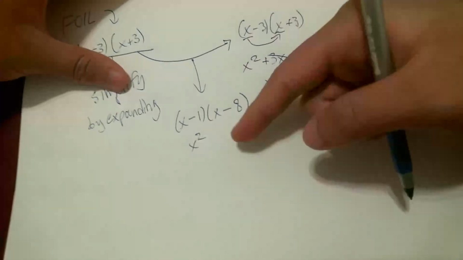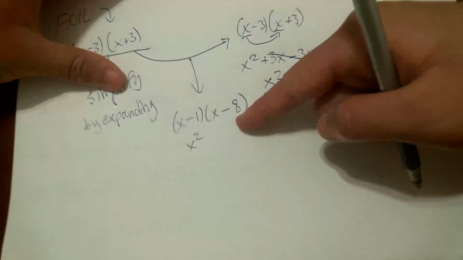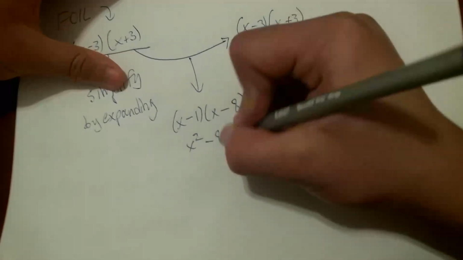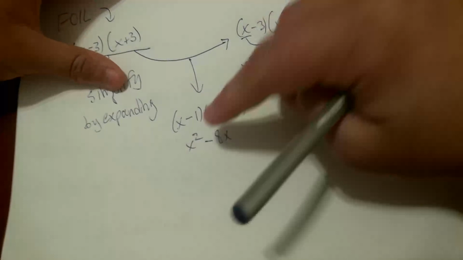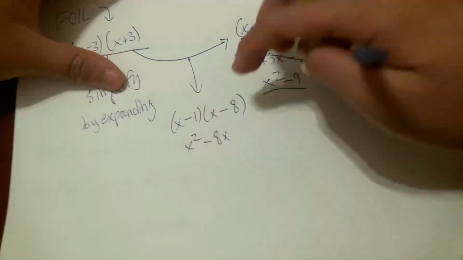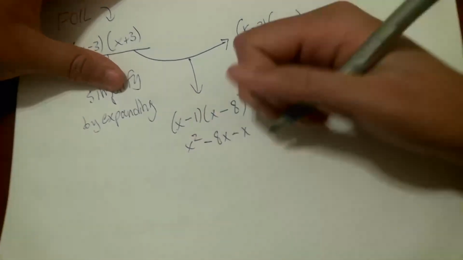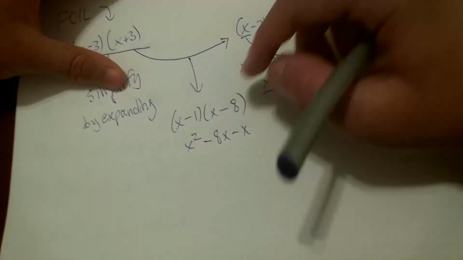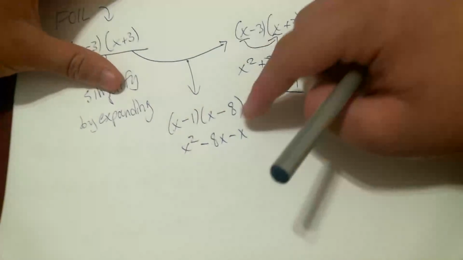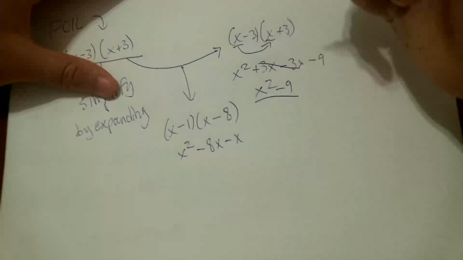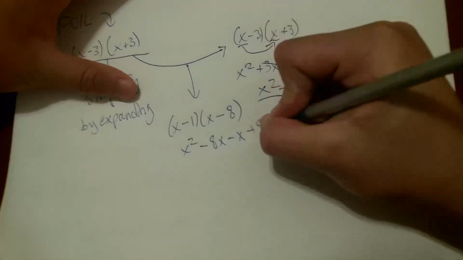Then x times negative 8, which is negative 8x. Then negative 1 times x, which is negative x. Last of all, negative 1 times negative 8, which would be plus 8.